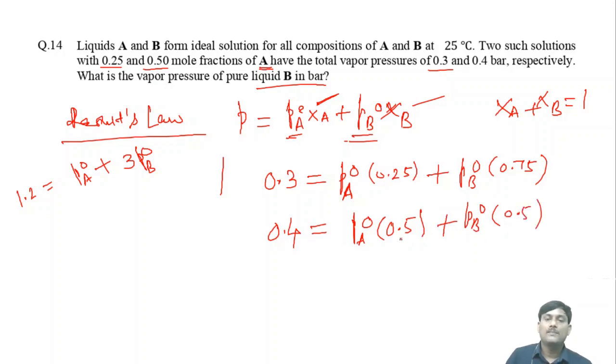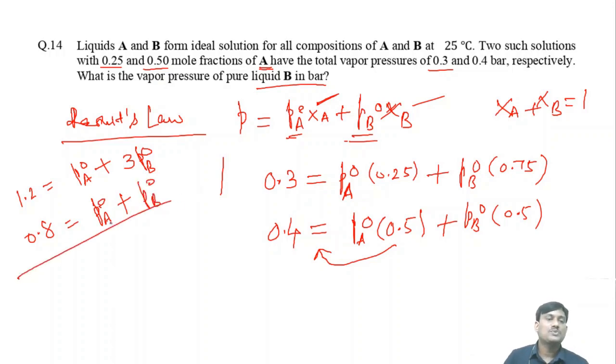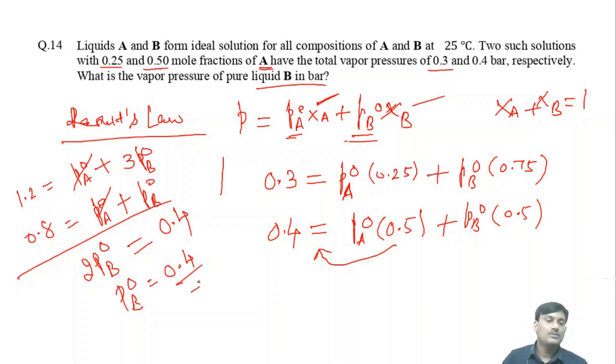So when you take 2 this side, you will get 0.8, so 0.8 is equal to PA naught plus PB naught. When you subtract these two equations, there is a cancellation of PA naught values. So finally you will get 2 PB naught is equal to 0.4. So PB naught is equal to 0.4 by 2, which is 0.2 bar.